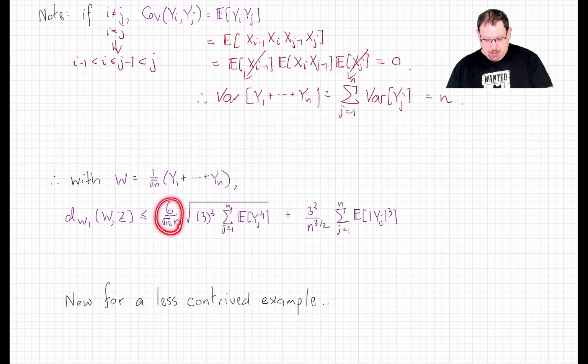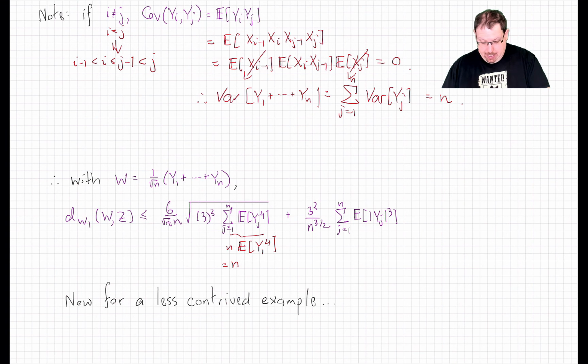We have this with a 1 over sigma squared in the denominator here. Inside we have the degree plus 1 cubed, and this term here. And over here we have 1 over sigma cubed, and the degree plus 1 squared with this sum of third powers there. And now we just note that because the y's are identically distributed, this sum is n times the common fourth moment, which is n times the fourth moment of the original random variable x1 squared.